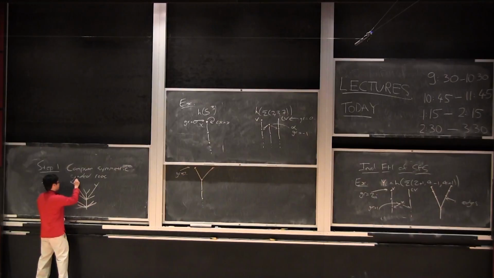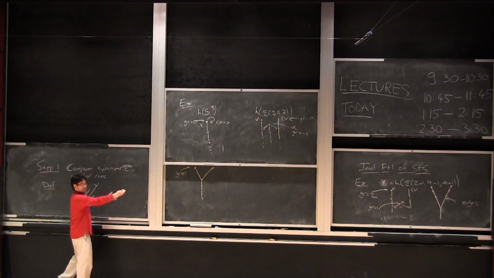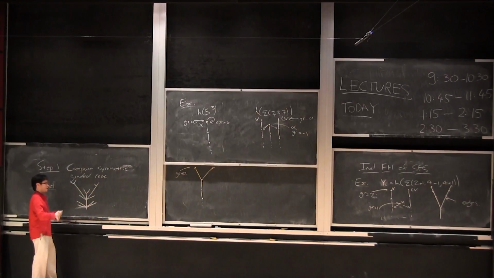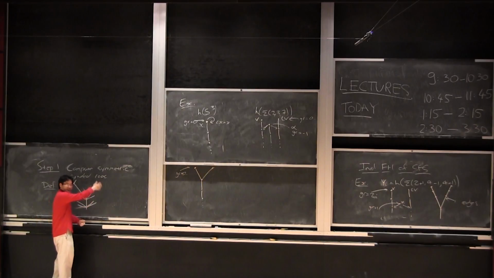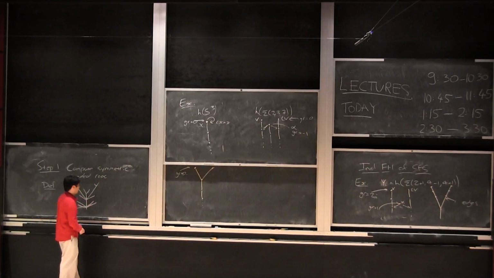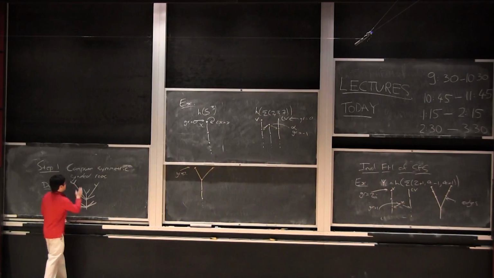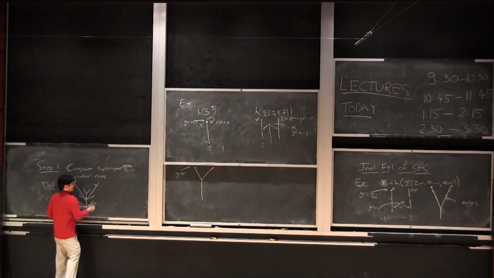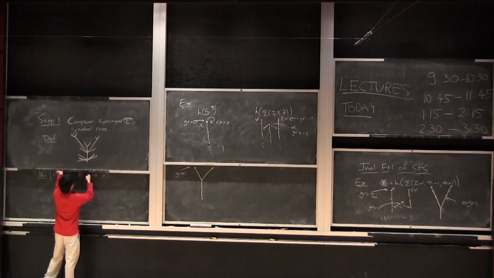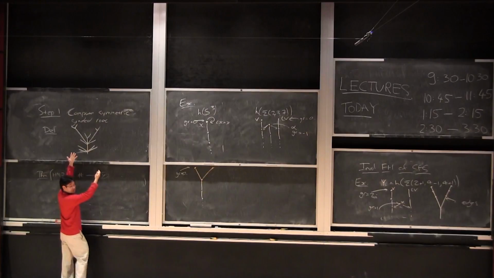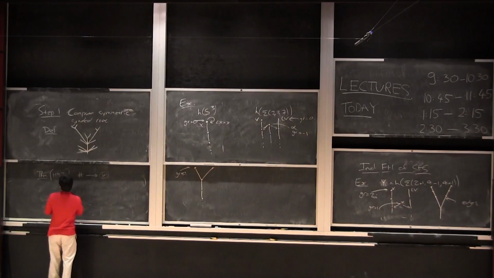The tree has a lot of vertices, which I've suppressed drawing. The vertices have a grading, represented by the height, which takes values in the even integers. The symmetric part just says that it's symmetric about reflection across the vertical stem. This is a generalization of the picture I drew over there.